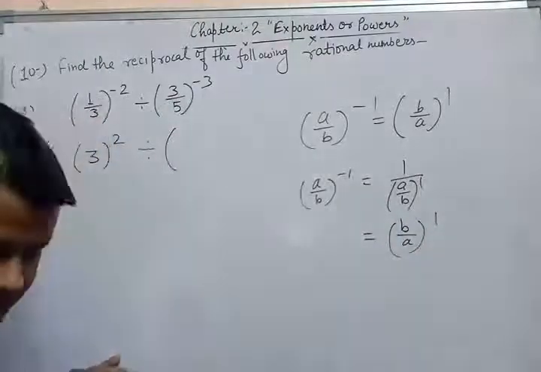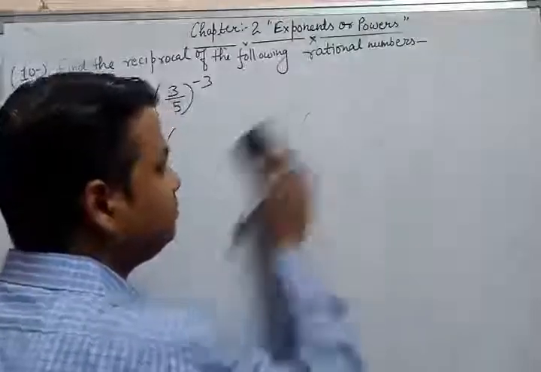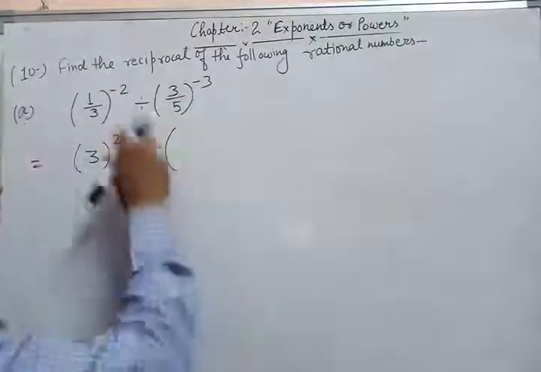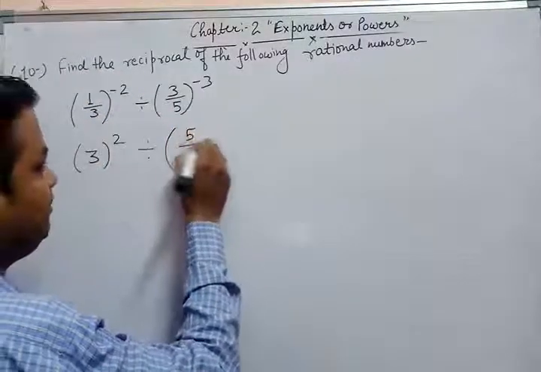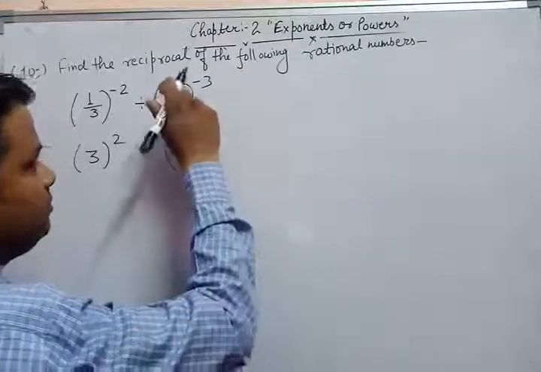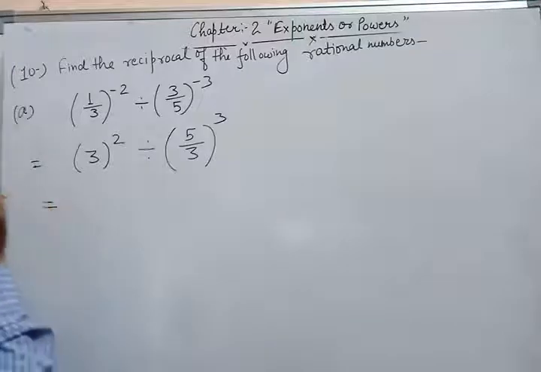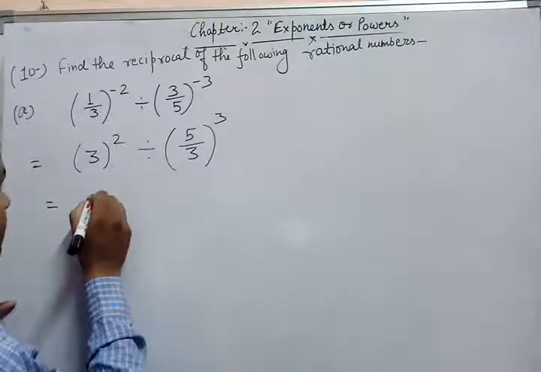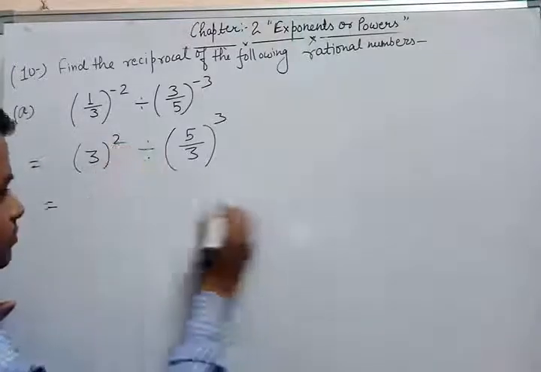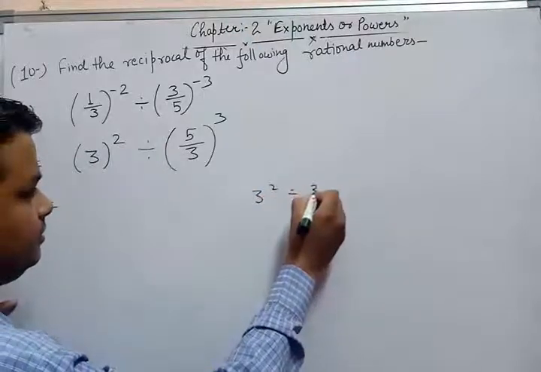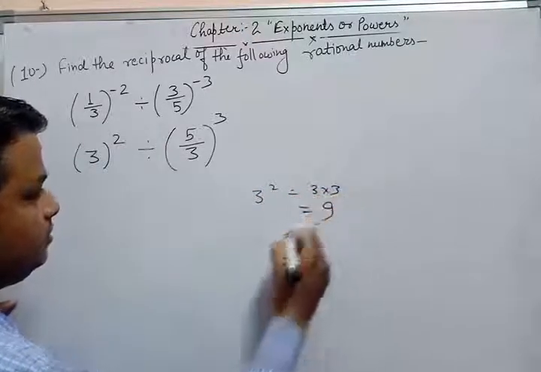Okay students, so we can apply this concept in this step. Then we can write the reciprocal part: 3 upon 5 becomes 5 upon 3 to the power 3. Now we can write 3 to the power 2 as 3 into 3, which is 9.